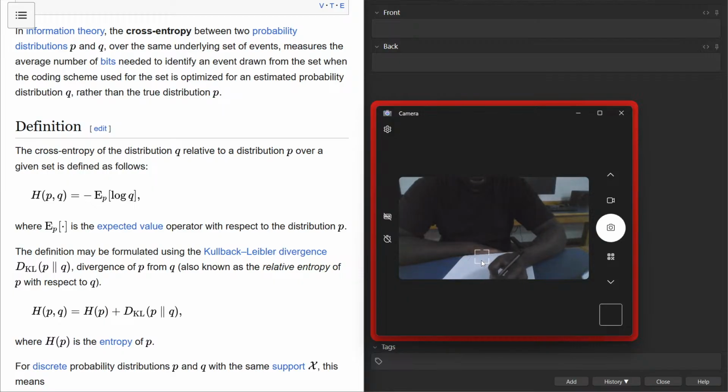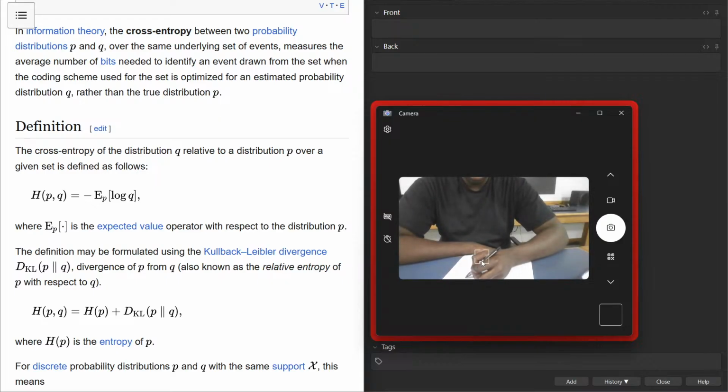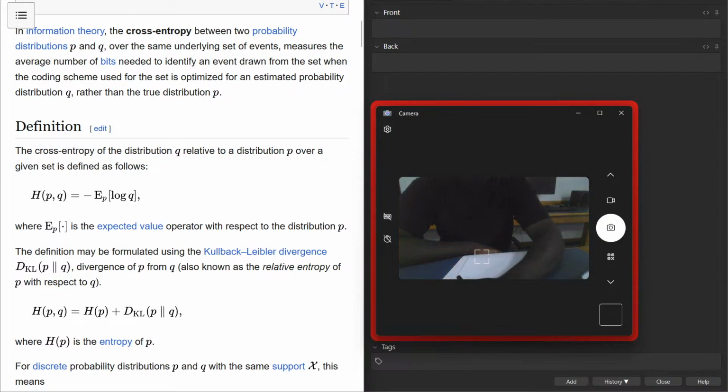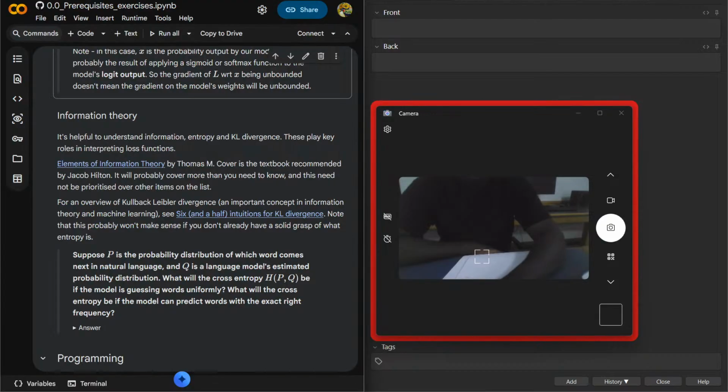Then it's just minus log of q(x), and since it's uniform, q(x) has to be 1 over the number of words in the vocabulary, so it's the log of the number of words in vocab.